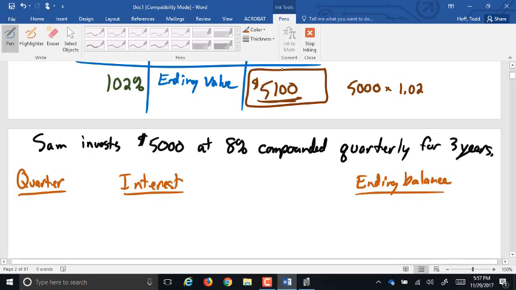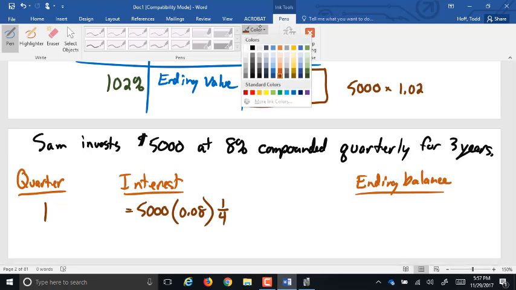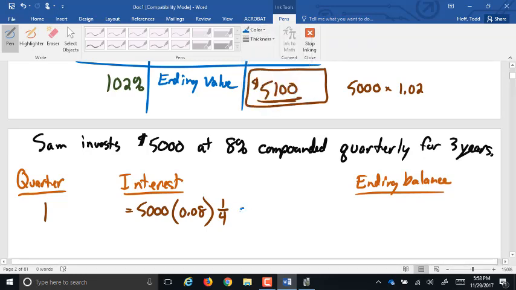We can find, first of all, in quarter one, the amount of interest is $5,000 times 0.08, but it's a quarter, so times 1/4, right? Which gives us $100 in interest.